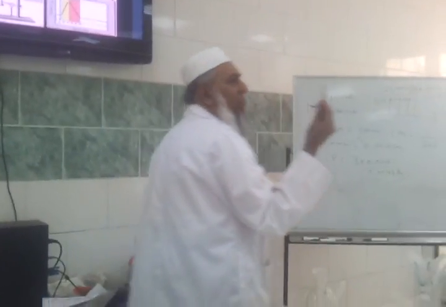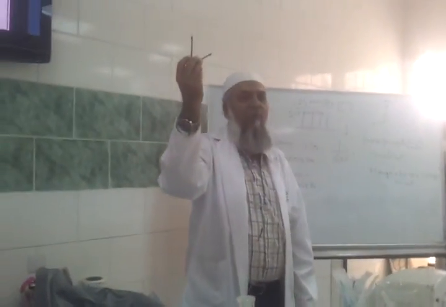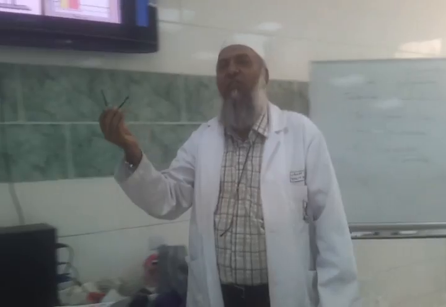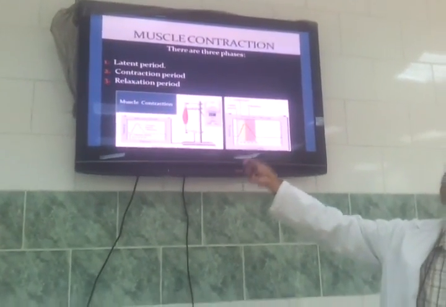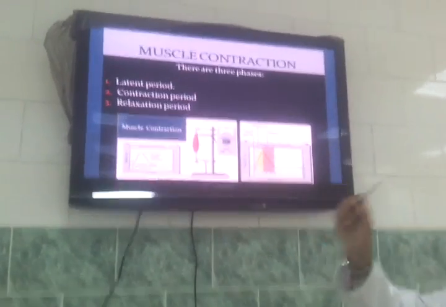And then putting this on the scale, you will come to know how many centimeters is the length of the muscle. 5 centimeter, 10 centimeter, 15 centimeter, whatever. Between the 2 points of its attachment. So from here your apparatus, where you have fixed the muscle, you can find out the muscle length.